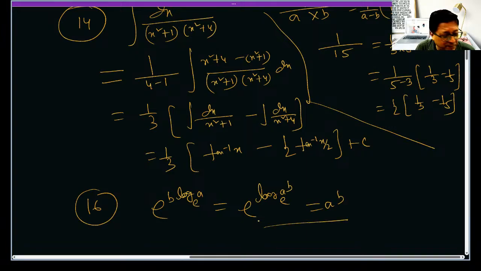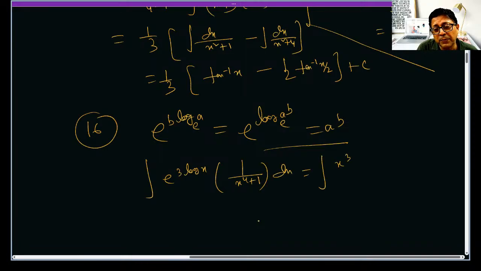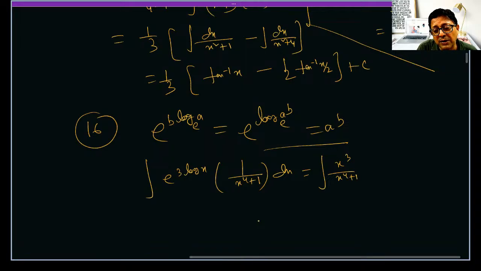Answer is a to the power b, isn't it? So whenever a sum arises in this form, e to the power 3 log x multiplied by this to the power minus 1, NCERT miscellaneous, it is x cube by x4 plus 1. You must remember this simple trick.